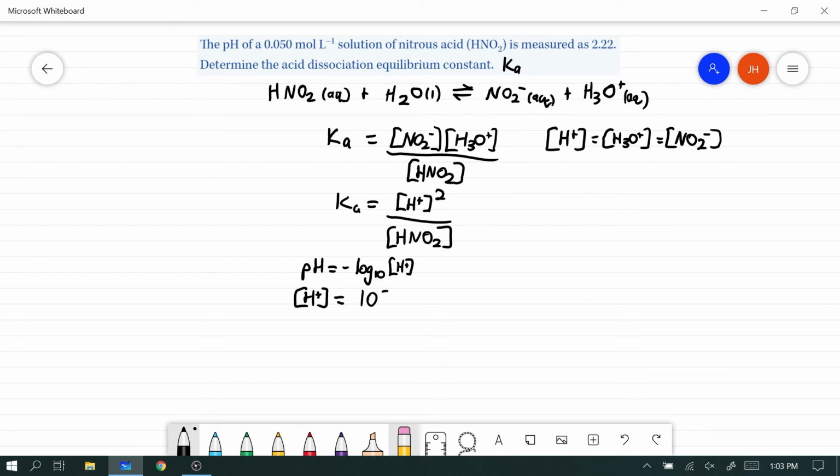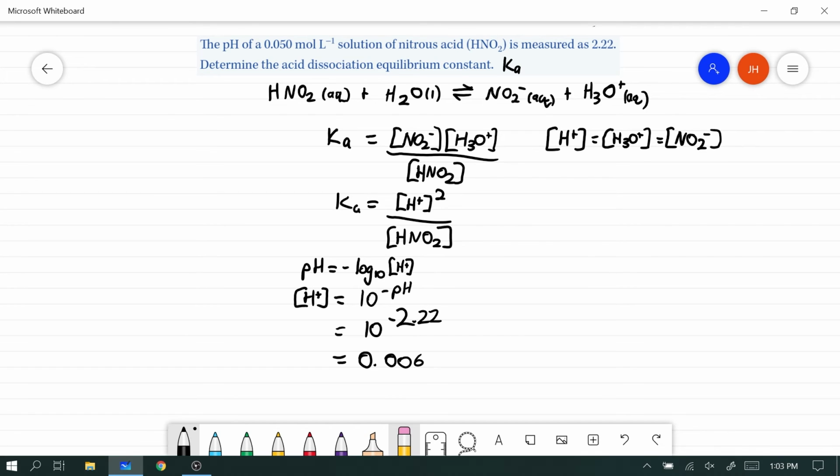We should be able to conclude that we're going to do 10 to the negative pH, which is 10 to the negative, in this case, 2.22. Putting that into our calculator, that is equal to 0.006. Again, I'm going to carry that number along as I go.